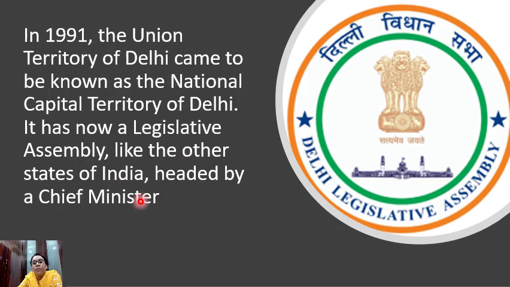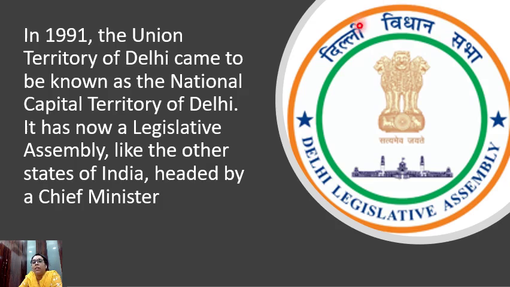Now, Delhi is a union territory, right? But it also has a legislative assembly like other states. India has 28 states, and all the states have their own legislative assembly. Now, see here, Delhi Vidhan Sabha.